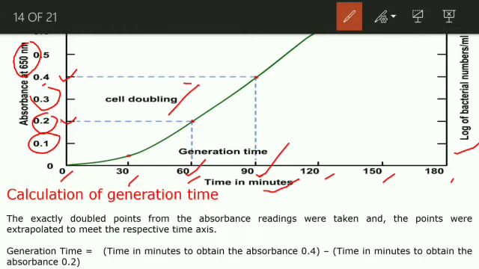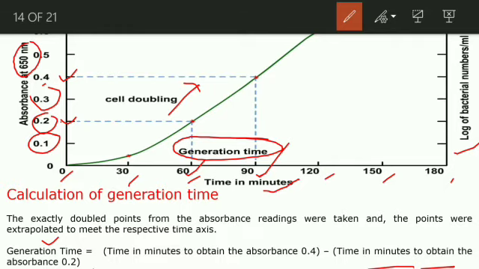This doubling is called generation time. The population is doubling, it's called generation time. How will we determine it? Time in minutes to obtain 0.4, minus time in minutes to obtain the absorbance of 0.2. This gives the generation time, isn't it?